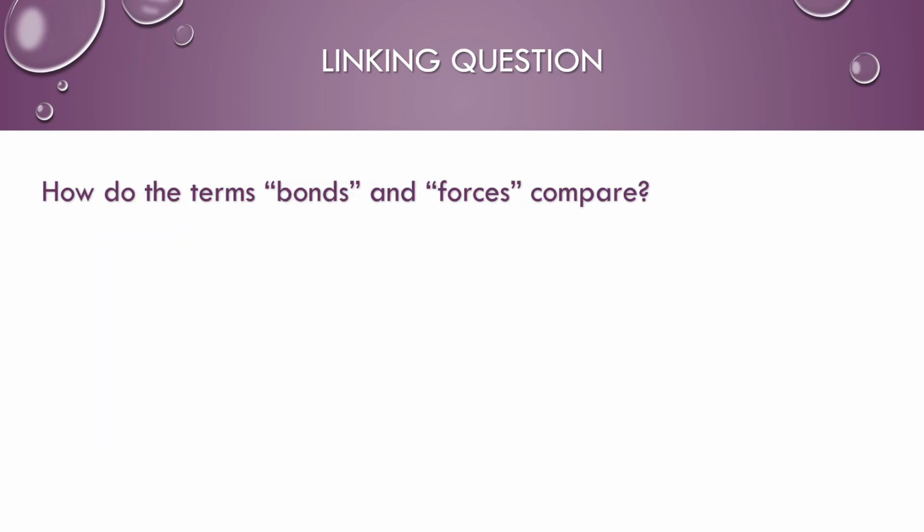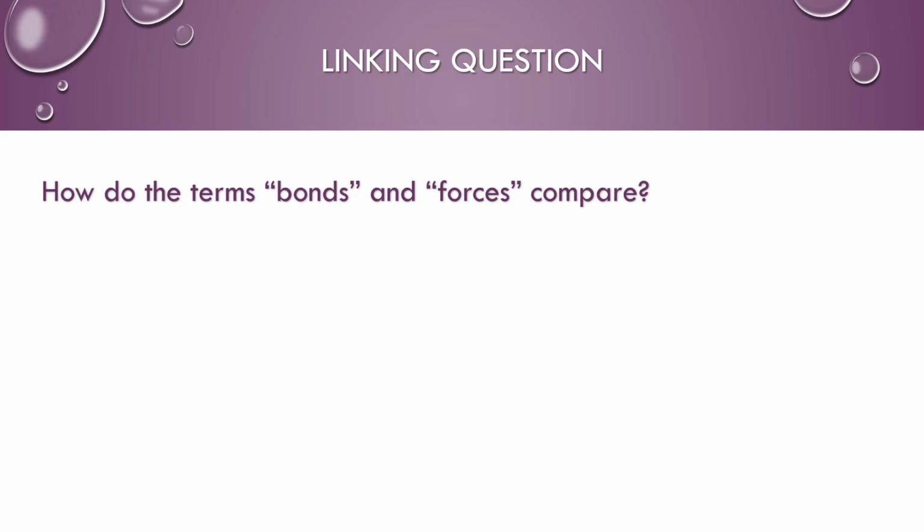So this links to an interesting topic with the words bonds and forces. We've been talking about bonding as in ionic bonding, covalent bonding, metallic bonding, even network covalent bonding. And then the forces that we've talked about in this section are those intermolecular forces, where they're between molecules. I think it's an interesting distinction because then we have things like hydrogen bonds, where that word bonds still comes into play.